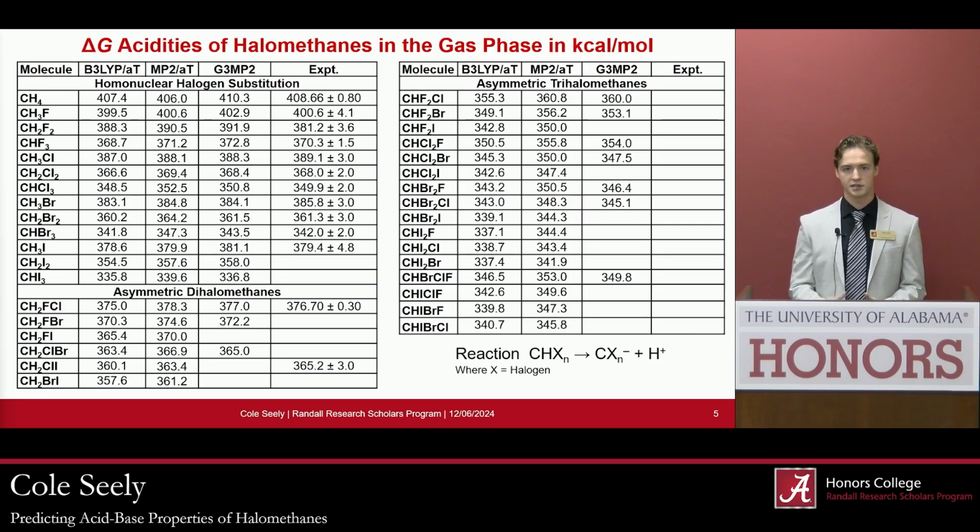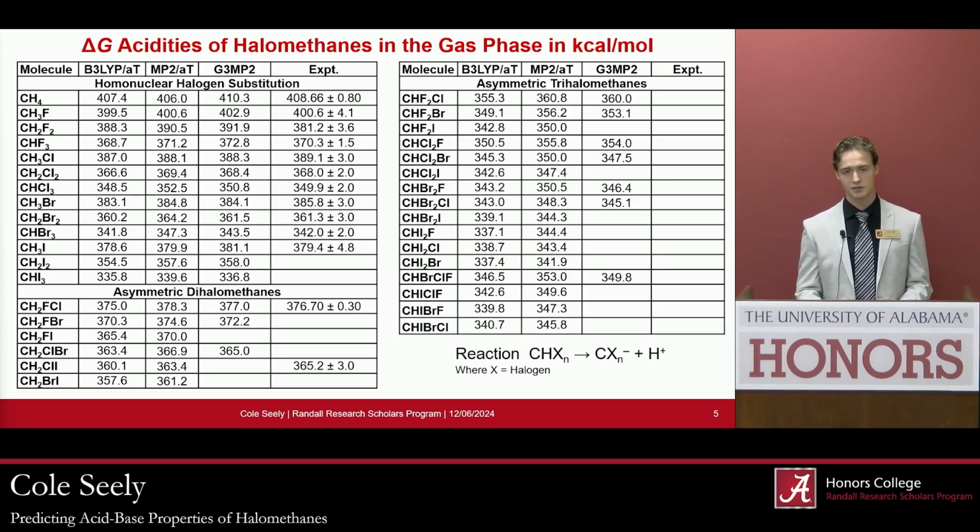So what is a delta G acidity? Delta G acidity corresponds to the reaction in the bottom right-hand corner, where the neutral species undergoes a heterolytic cleavage in which the hydrogen dissociates without its electron, so dissociating only as a proton and forming the anion species.